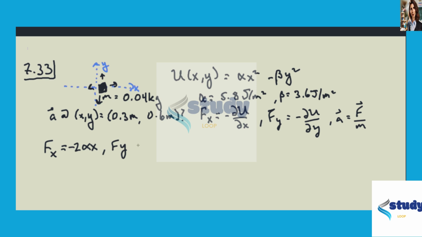The y component, we already have a negative sign here, so this will have a positive sign. And this will similarly be 2 beta y. The y derivative of this is 0. So everything is looking good so far.